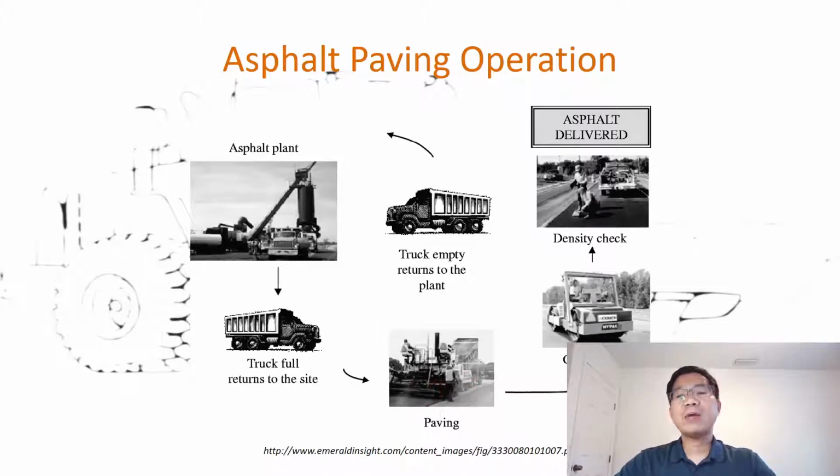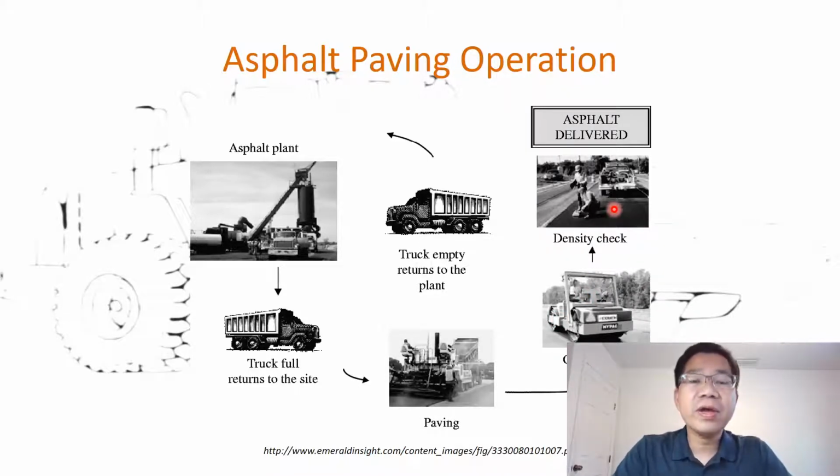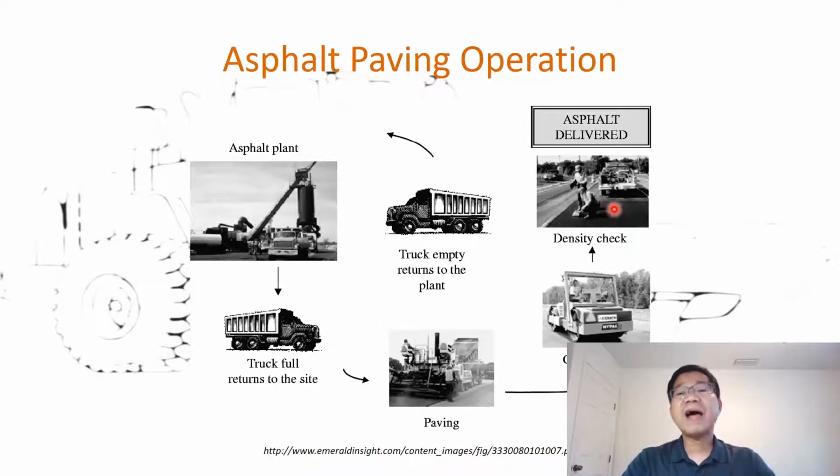And then when you pave, we need a roller to compact that, and then we need to check the density, just like compaction for the soil that we learned in lesson 5. We still need to check whether the density that we apply on the field meets the specification required by engineers. So those are the process.